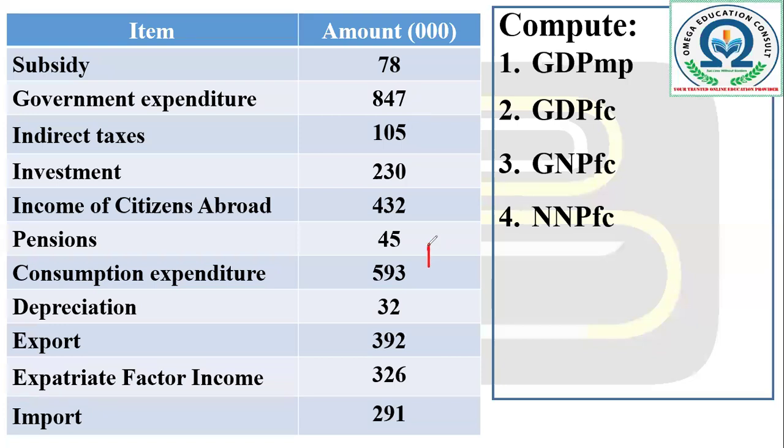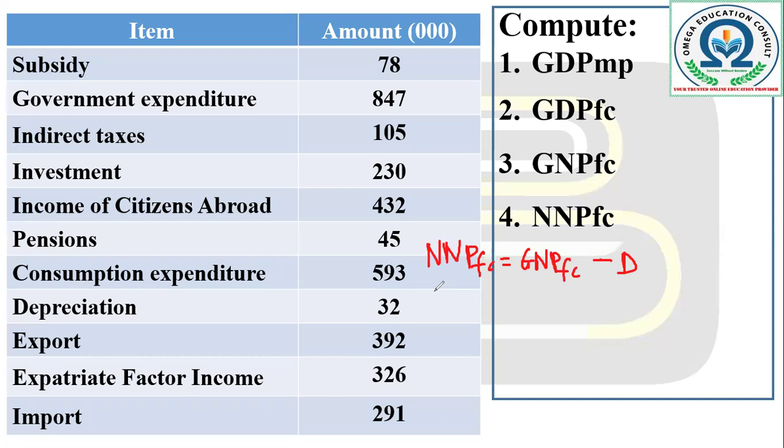All right, so NNP, once again, at factor cost is going to be the GNP that we computed earlier minus depreciation.